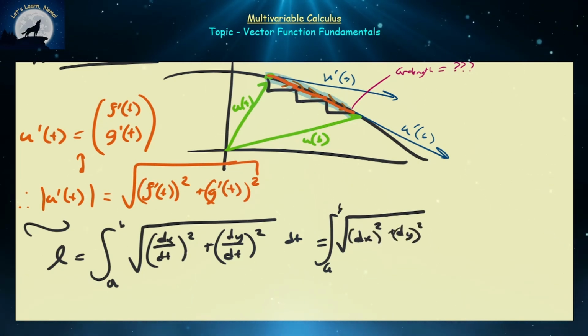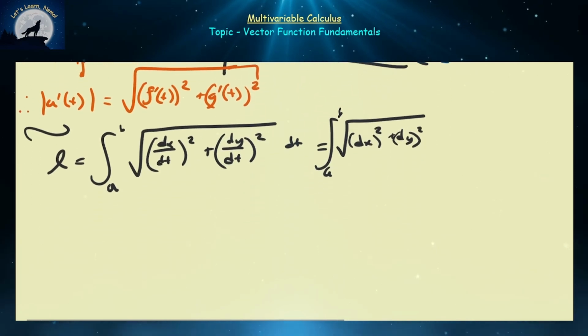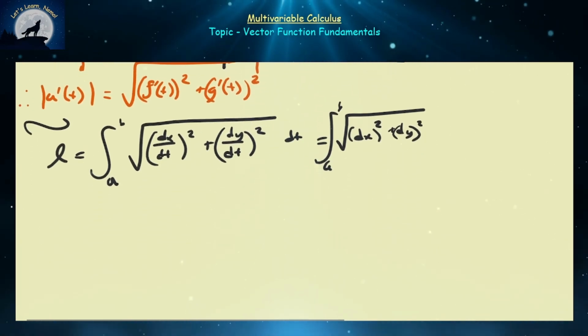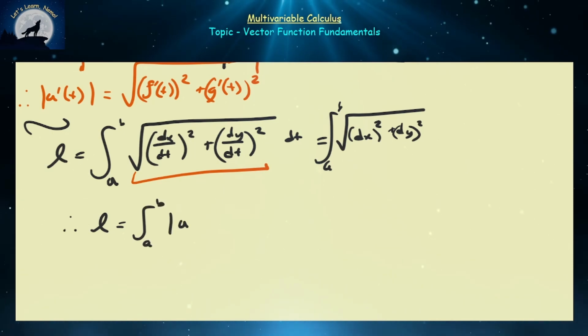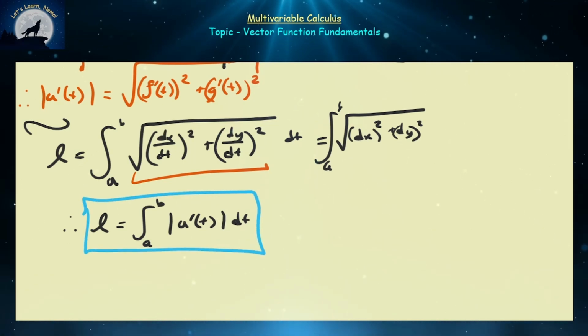Well, this is just the norm of the derivative of the vector function. So L is equal to the integral from a to b of the norm of u prime of t dt. We have this very simple representation for finding the arc length, or the length of the path traversed by the vector function from t equals a to t equals b.